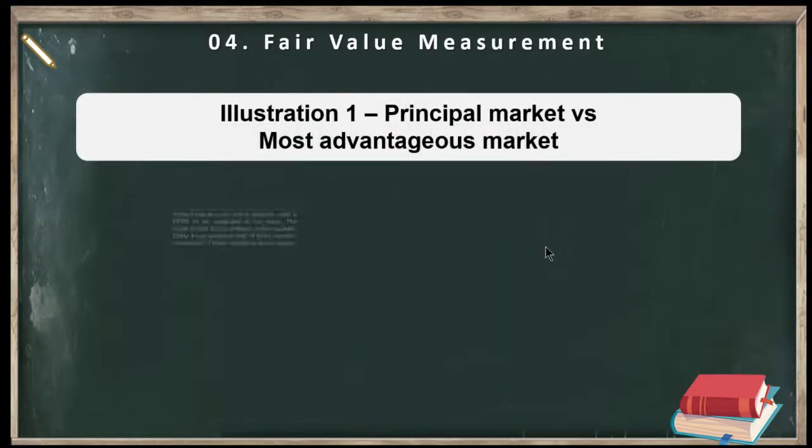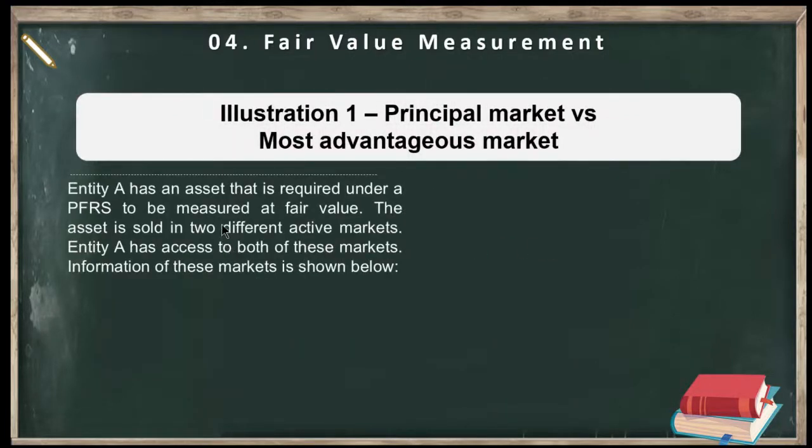For example, this entity A has an asset that is required under a PFRS to be measured at fair value. The asset is sold in two different active markets. Entity A has access to both of these markets. Information of these markets is shown below.